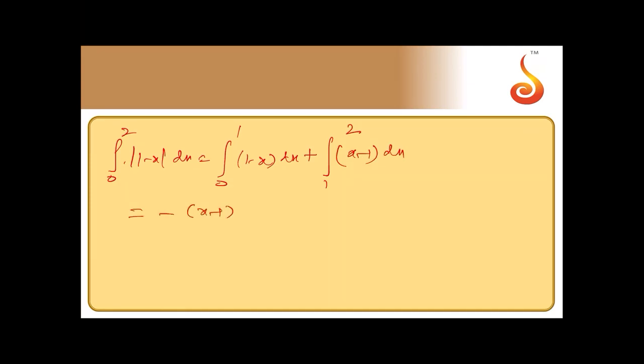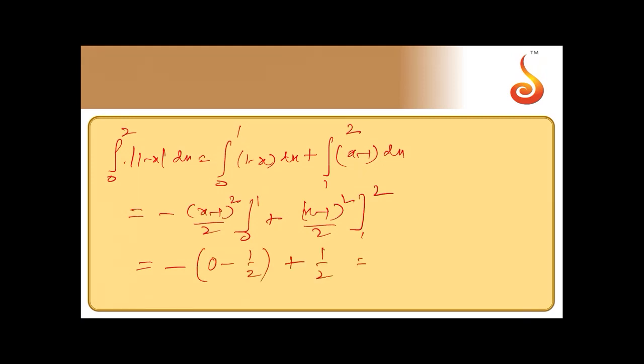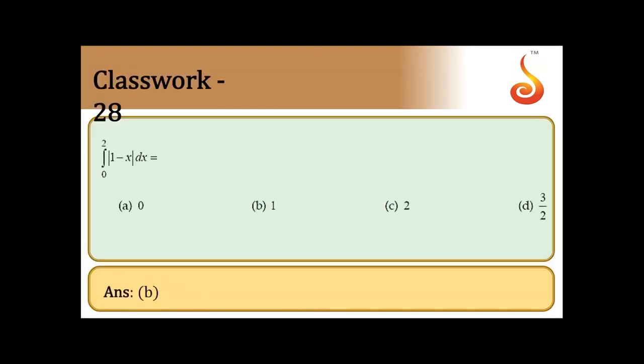That is minus (x minus 1) whole square by 2 with limits from 0 to 1, and (x minus 1) whole square by 2 with limits from 1 to 2. If you substitute 1, you'll be getting 0 minus 1 by 2, plus 2 minus 1, 1 by 2 minus 0. That is equal to 1. So the answer for this problem is 1.